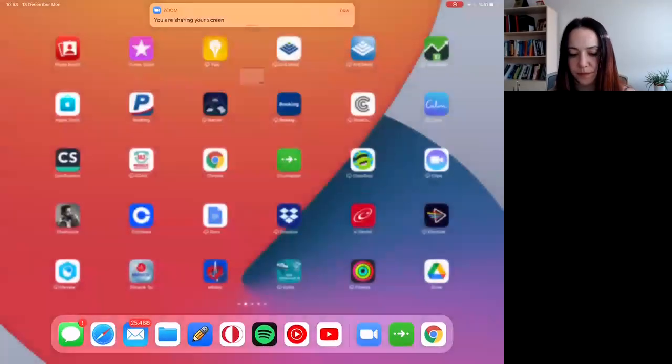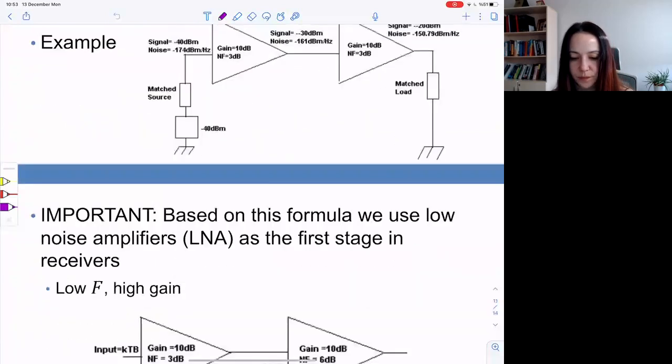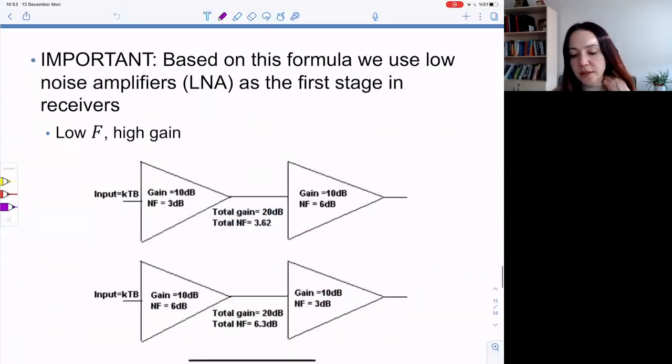So let's go back to our slides. Okay. Now, based on this formula, as I said, we use low noise amplifiers as the first stage in receivers.